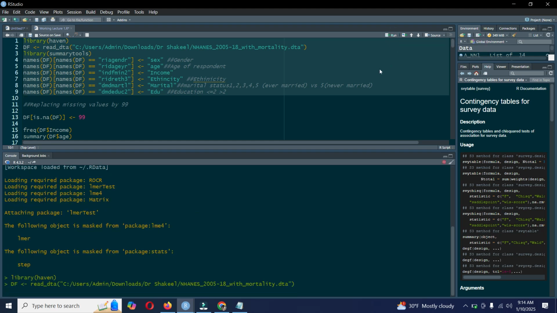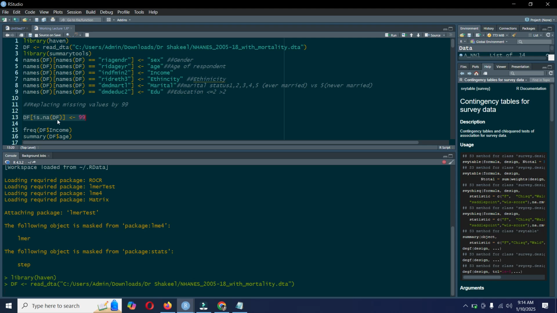Before recoding, it will be good if you can replace all the NA values that are missing in your data set by 99 or something else. That is some unusual value which should not be part of your variable values. So we can replace all the NAs in your data frame.